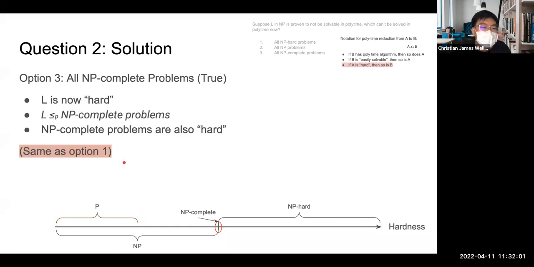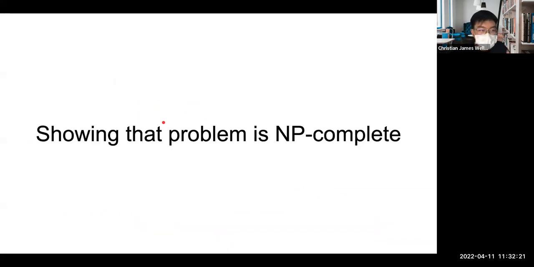Option 3 is really the same argument, because the fact that NP-complete problems are NP-hard and in NP means there's really nothing different in the argument compared to the first option. Okay, so this is question 2. If you have any questions, do PM me again. I think this question might be easier to grasp compared to the first one.